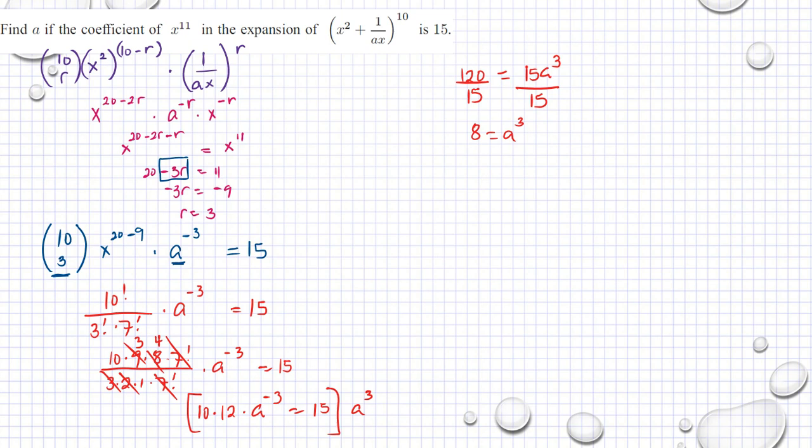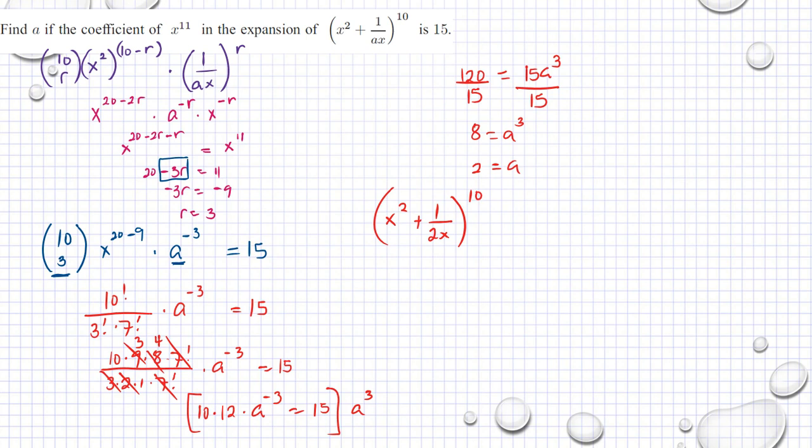Then we have a is 2, the cube root of 8 is 2. Then we found it already. So our expression now is (x squared plus 1 divided by 2x) raised to 10.